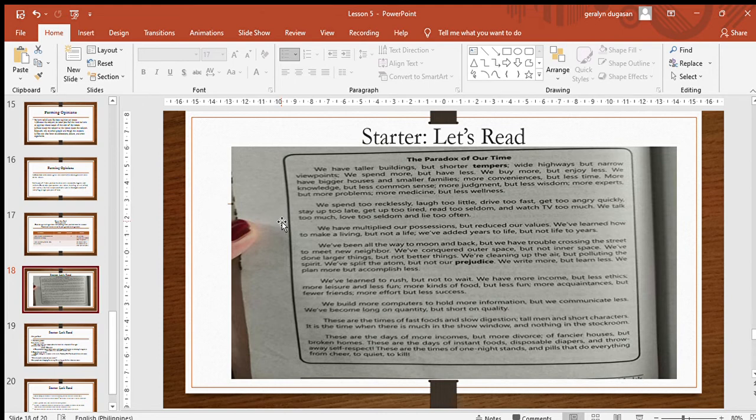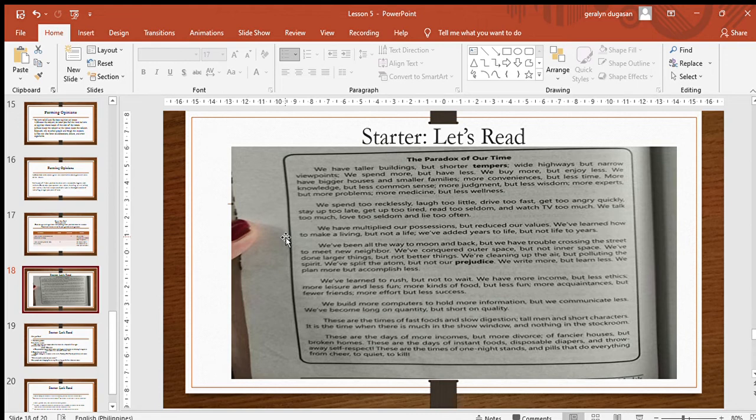We have multiplied our possessions, but reduced our values. We've learned how to make a living, but not a life. We've added years to life, but not life to years. We've been all the way to the moon and back, but we have trouble crossing the street to meet new neighbor. We've conquered outer space, but not inner space.